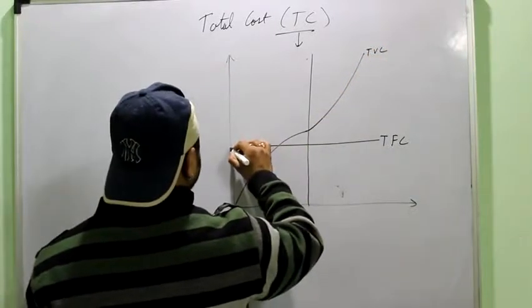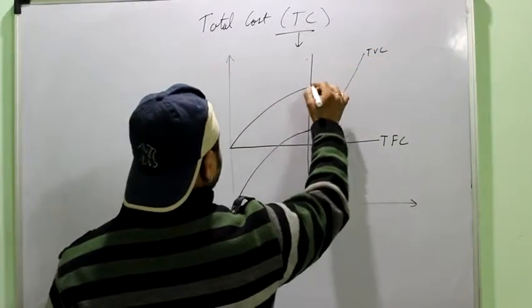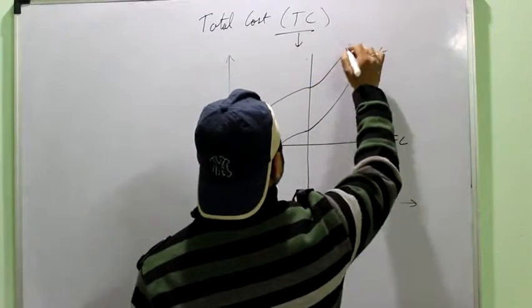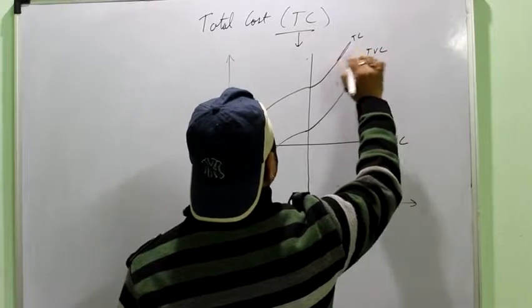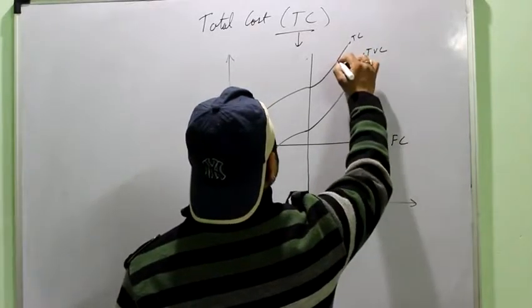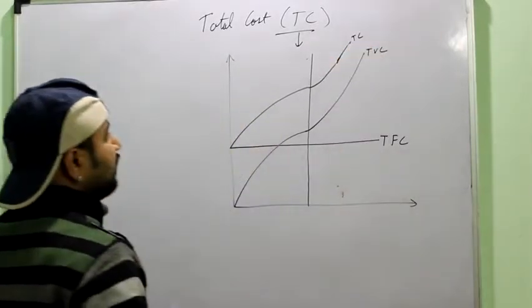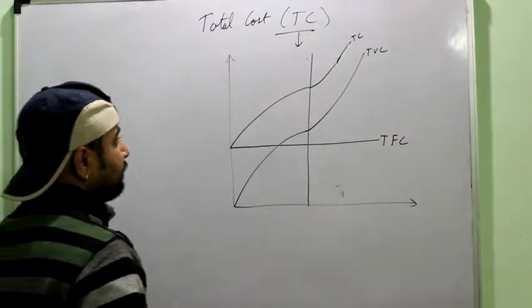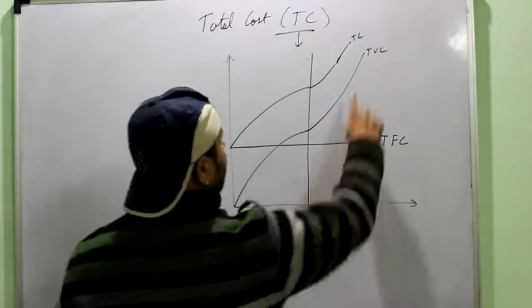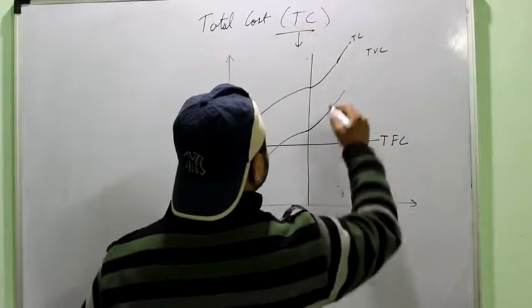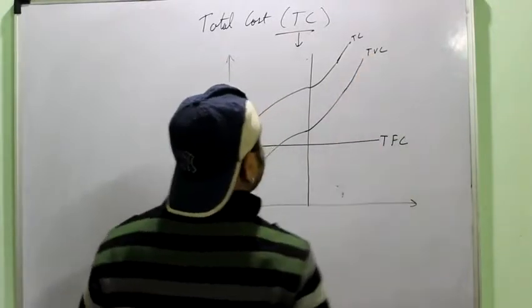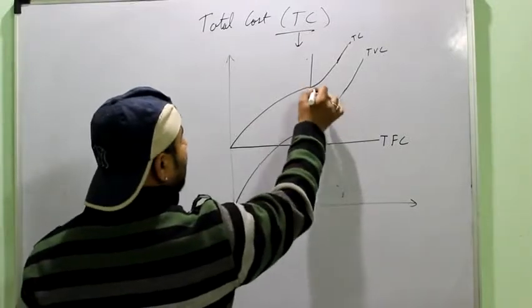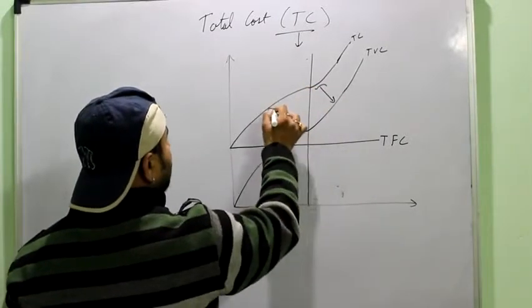And when you draw TC, it will be just parallel to the TVC curve, right? You just have to see that the shape of the two curves looks the same, and they should seem to be parallel, with equal distance.